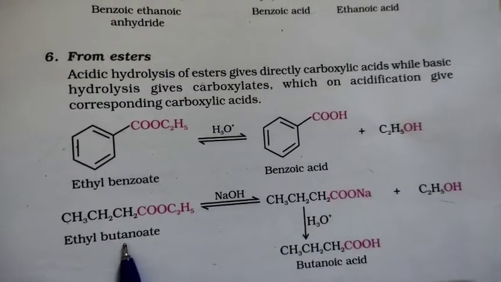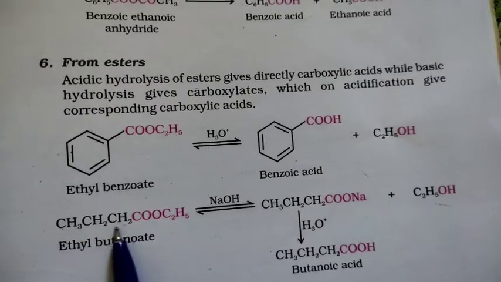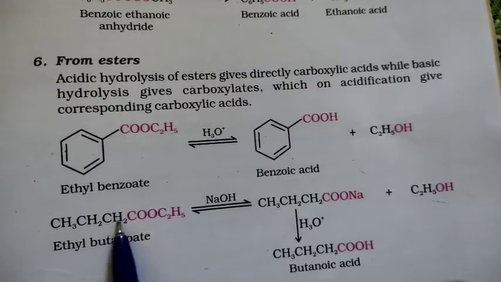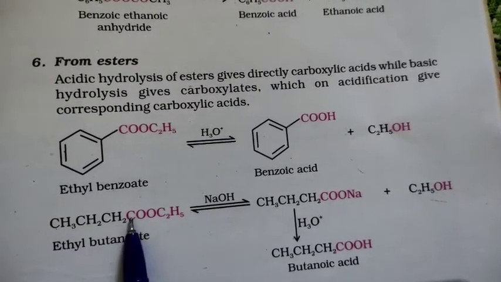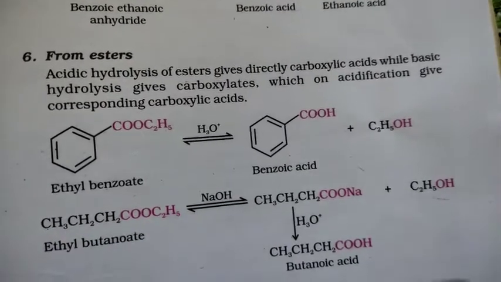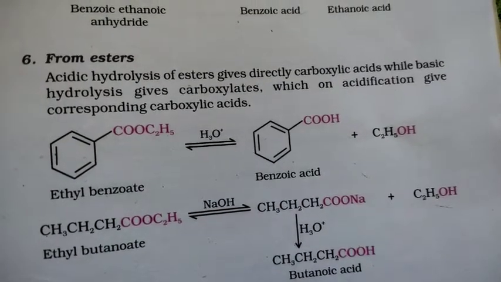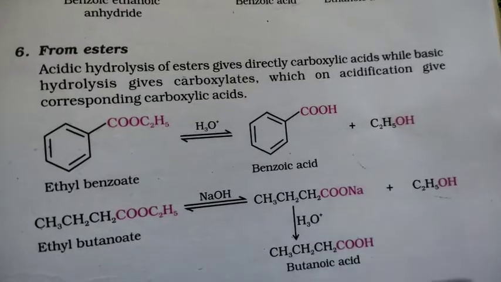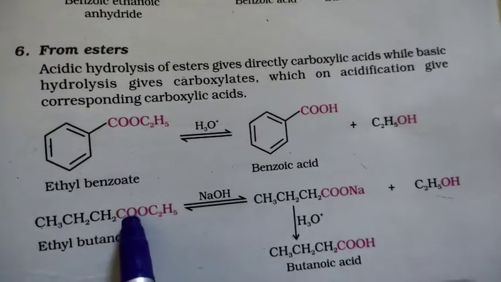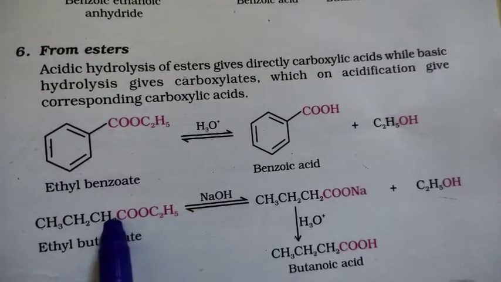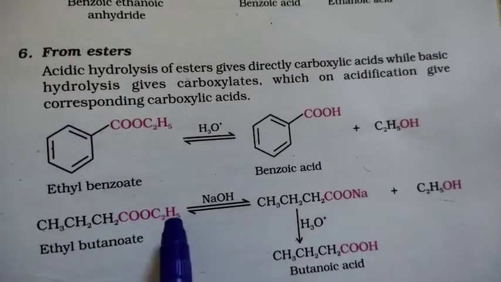Next this is ethyl butanoate. So this is 1, 2, 3 carbons, the part having the longer chain. First of all you have to be very clear which one you have to convert into acid and which one to convert into alcohol. Okay, so this is the ester portion. Now one part to your left and another one to the right.